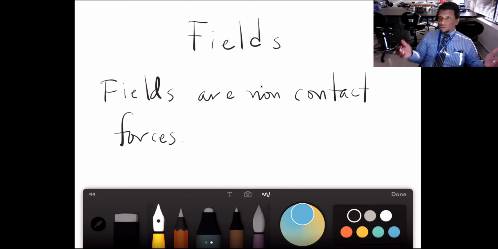So we have the gravitational field. You don't have anyone wrapping their hands around you in order to pull you down. So we don't necessarily refer to that as a contact force. It's a non-contact force. So we refer to it as the gravitational field.